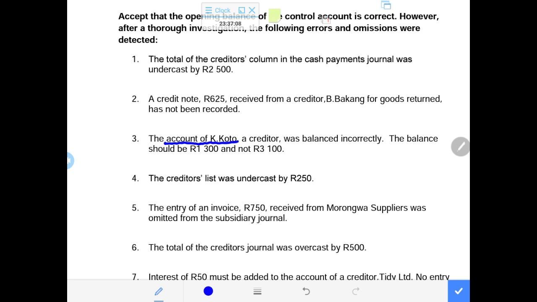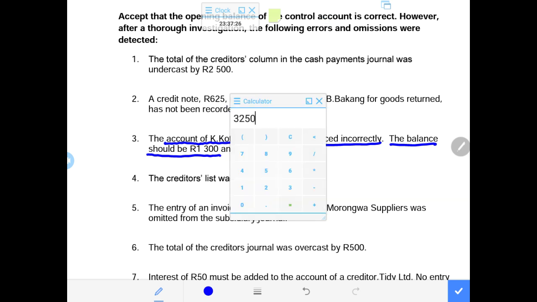Now that's where our focus is. The account of K. Kato, a creditor, was balanced incorrectly, and the balance should be 1,300, not 3,100. So now that means we are focusing now on the list of creditors, that specific creditor. 1,300, they recorded 3,100 instead of 1,300.